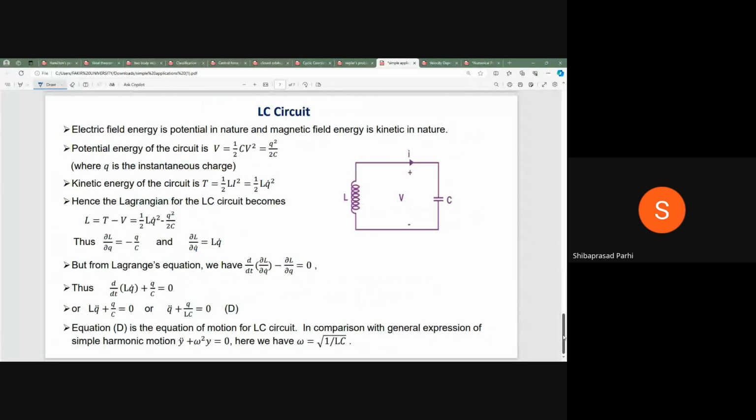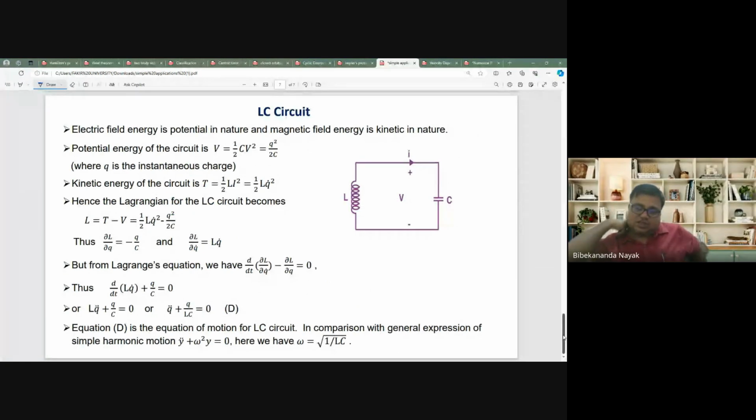For the LC circuit, the capacitor stores electric energy, and similarly the inductance behaves as a storage of magnetic energy.